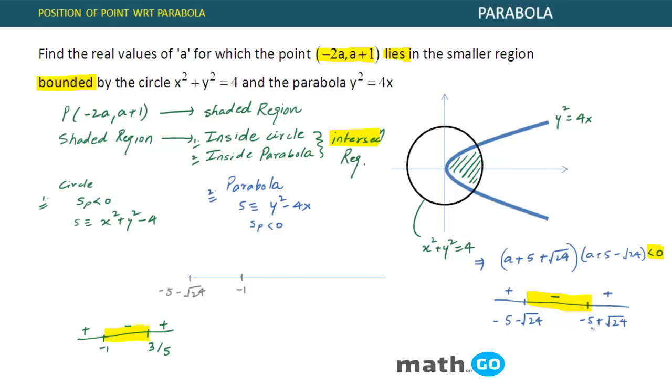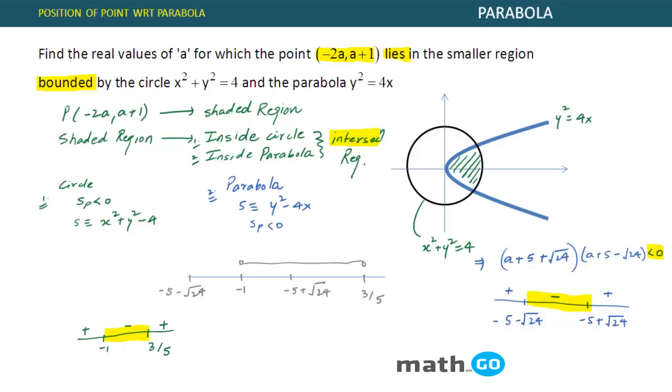Then you have minus 5 plus root 24, which is almost a negative number again, right? This will be the third quantity, and then you have 3/5. This is how you will plot them on the number line. So this answer says that it will take values ranging from -1 to 3/5.